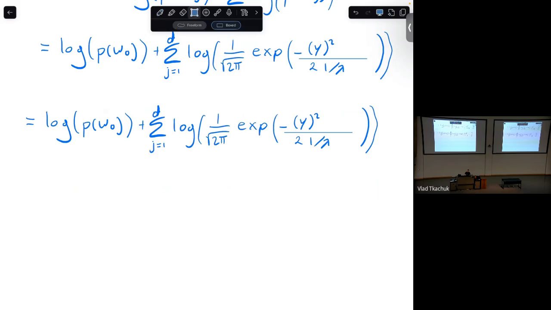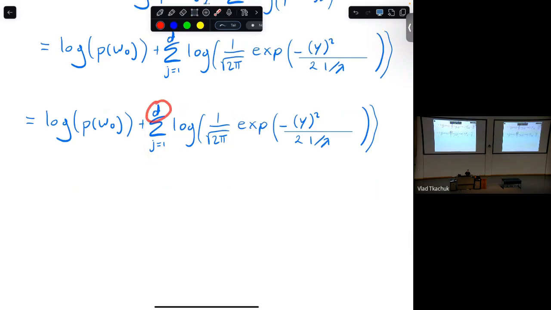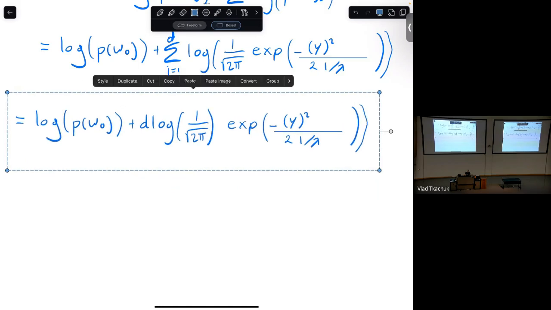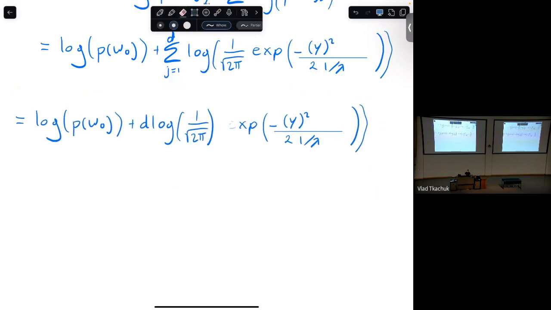So you end up with an expression that looks like this: the sum times this thing gives you just D times the log of this. And then the exponential canceled with the log.